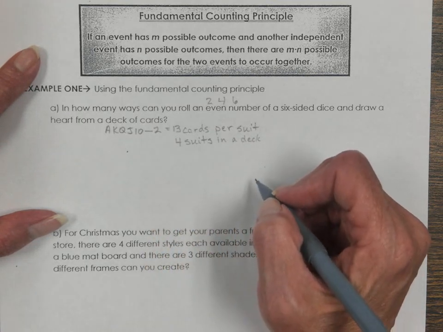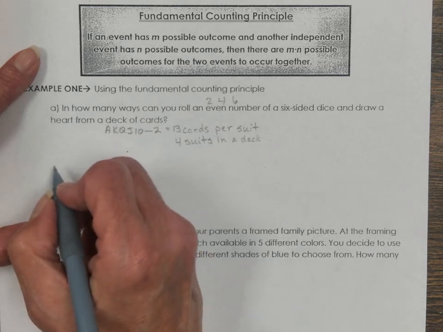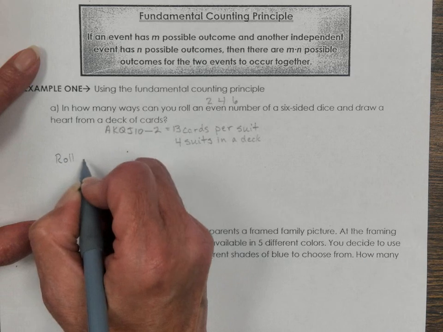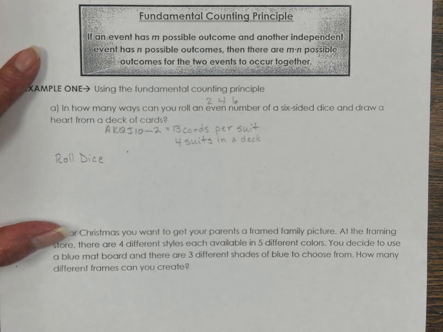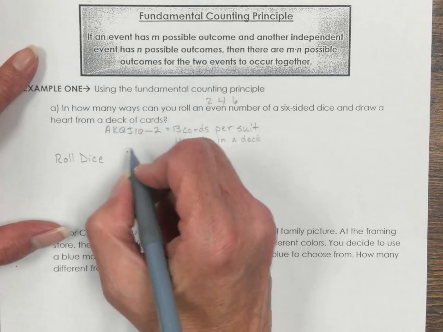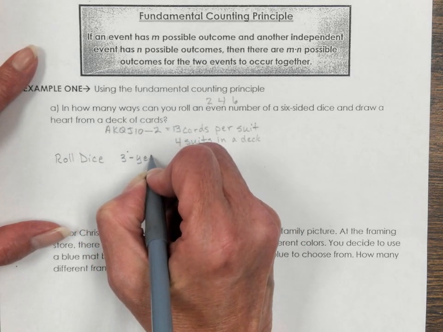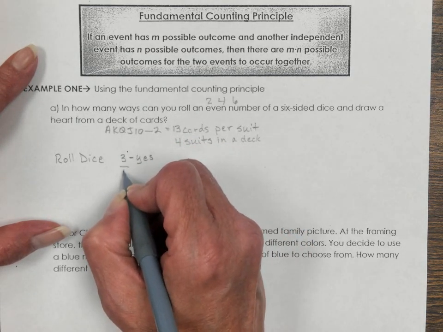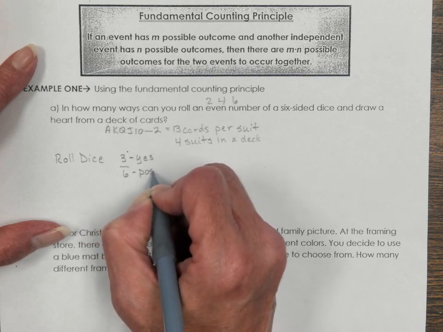All right. So what have we got here? Stage 1. Roll dice. I have 3 yes options, and I have a total of 6 possible outcomes.